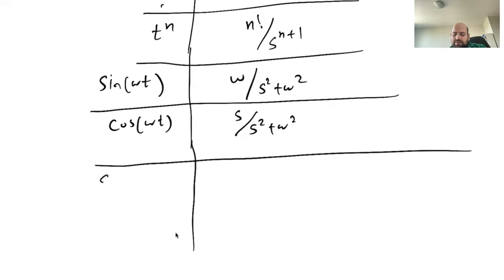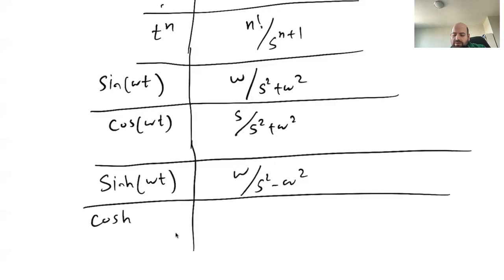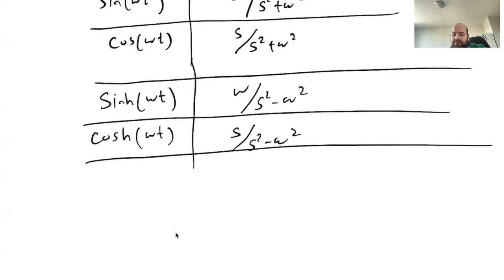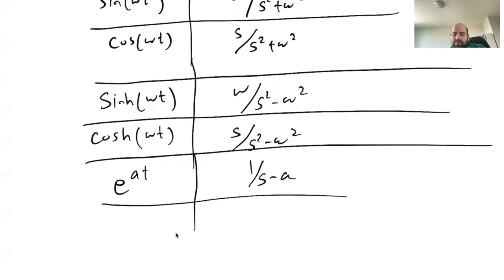For sine hyperbolic omega t, it was omega over s squared minus omega squared. For cos hyperbolic omega t, it was s over s squared minus omega squared. For e to power at, it was 1 over s minus a, if you remember.